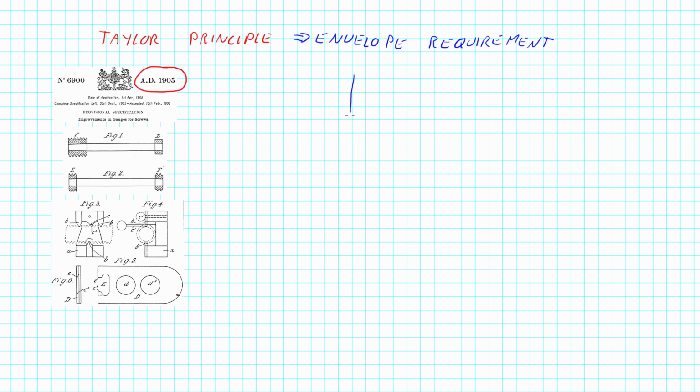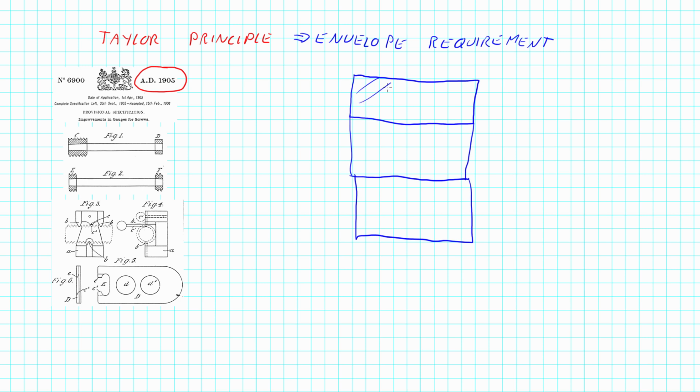Say we have a part with a hole in it. So here's the part with the hole in it. And then we have the shaft that has to fit into that hole.